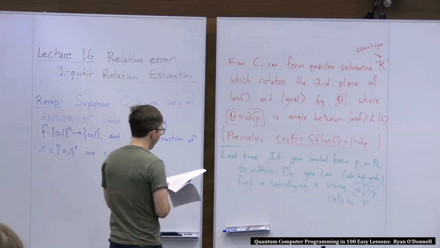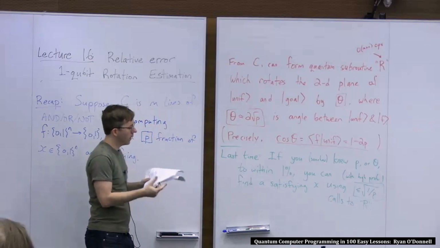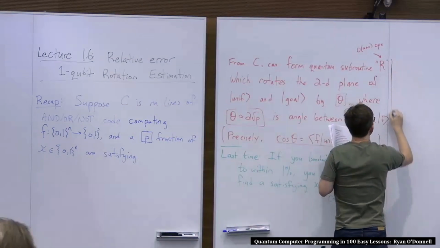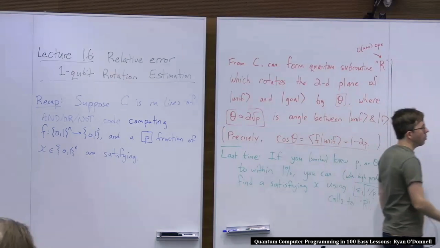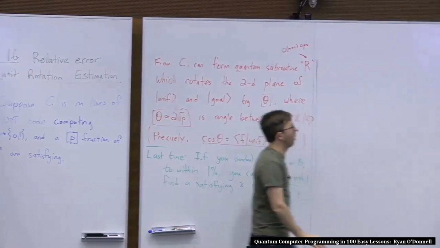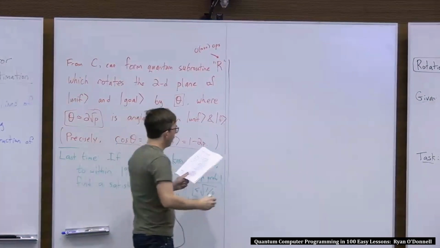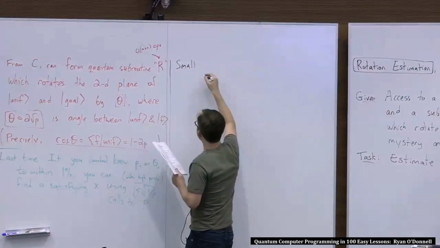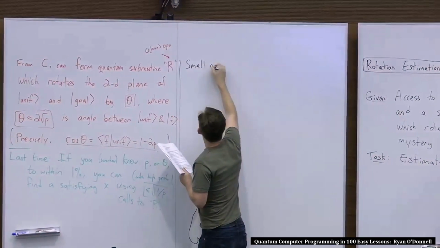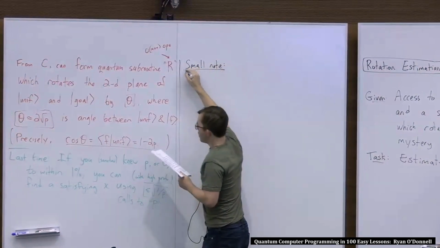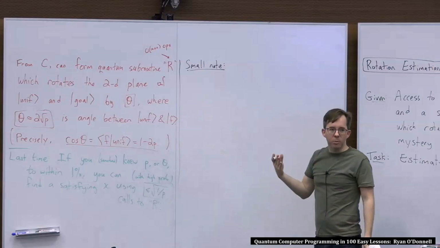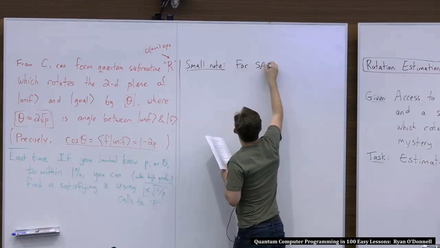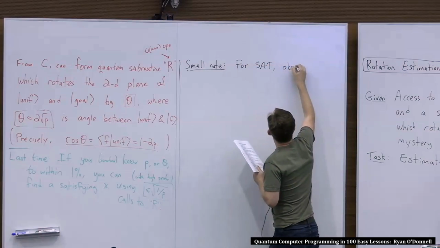Okay, great. So before we get started, let's make a small assumption that's not very important, but it'll just make our work a little bit cleaner. For the application of SAT, which Grover's algorithm is all about, it's okay to assume that p is a little bit small.